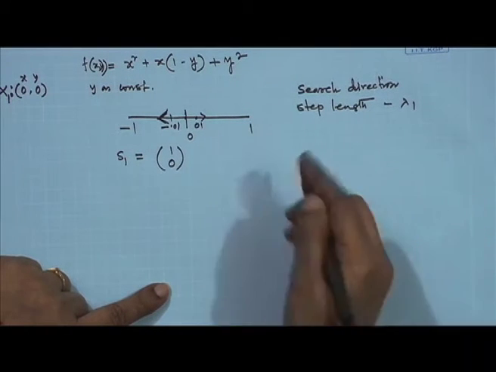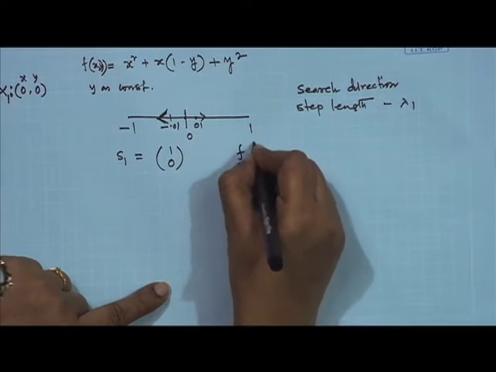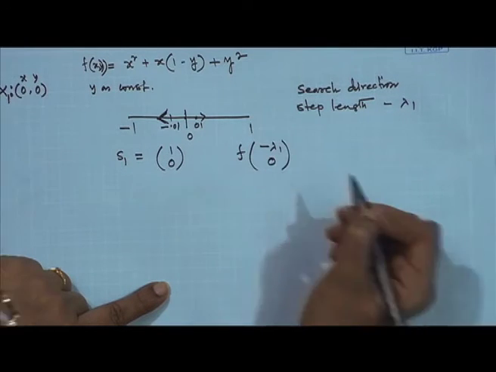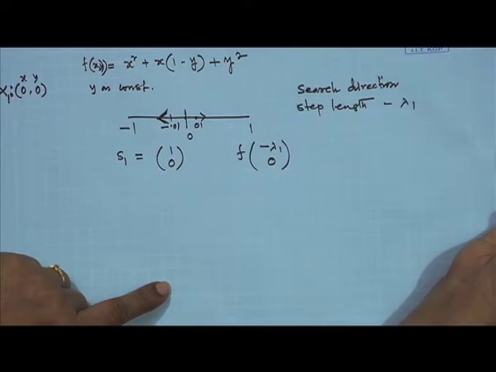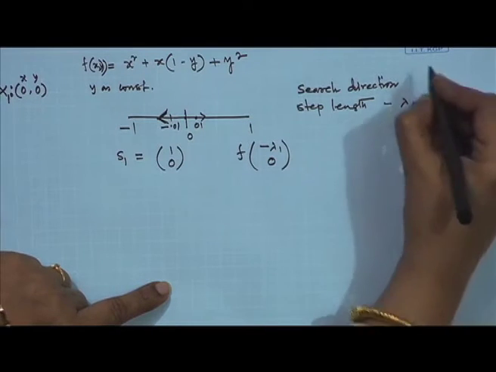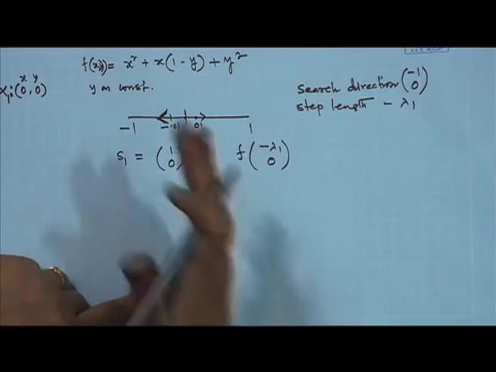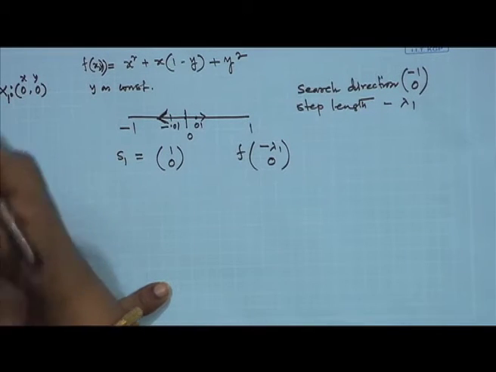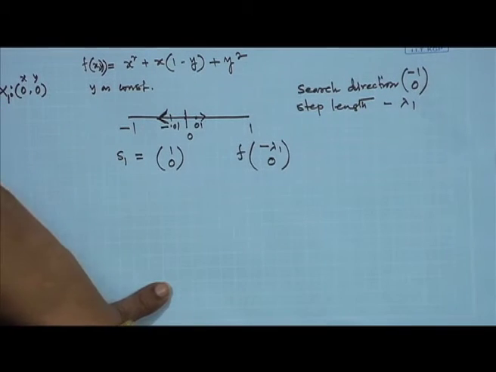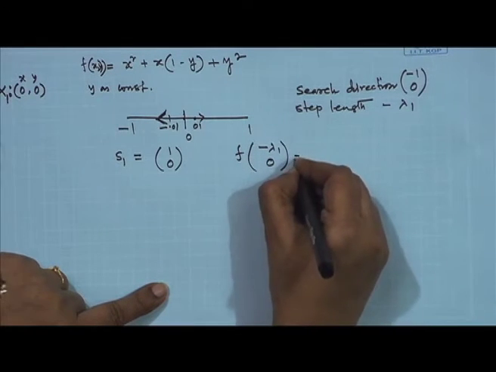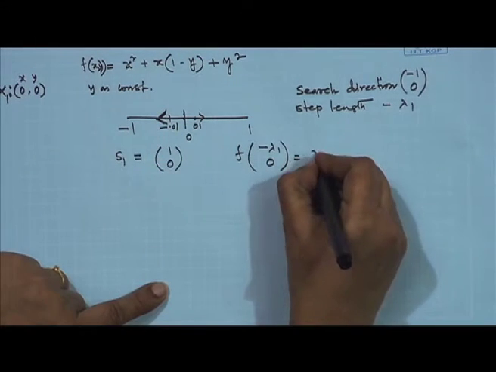Then let me find the functional value at minus lambda 1, 0. That means my search direction is minus 1 0. I have seen the functional value is decreasing in that direction, and the step length I have considered as a variable, lambda 1. Since it is in the left direction, I consider f of minus lambda 1, 0. If I substitute here, what do I get?